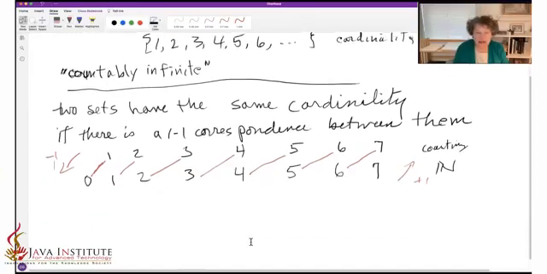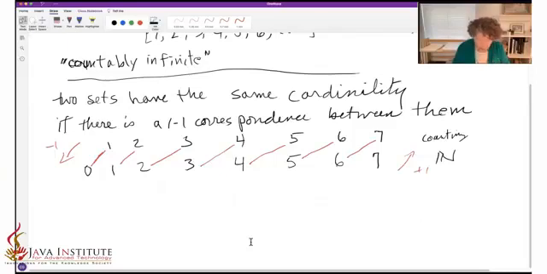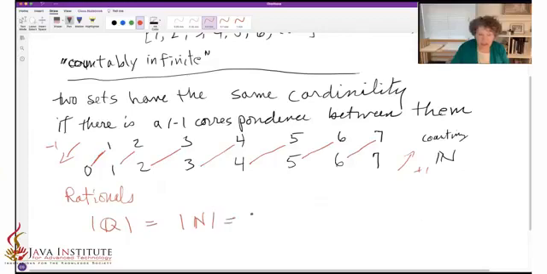And what Cantor said was that the rationals had the same cardinality. The cardinality of the rationals is the same as the cardinality of the natural numbers, which is Aleph naught.